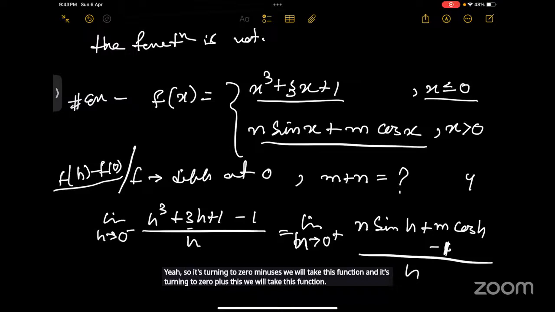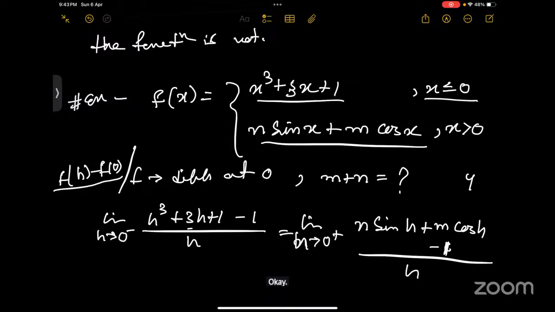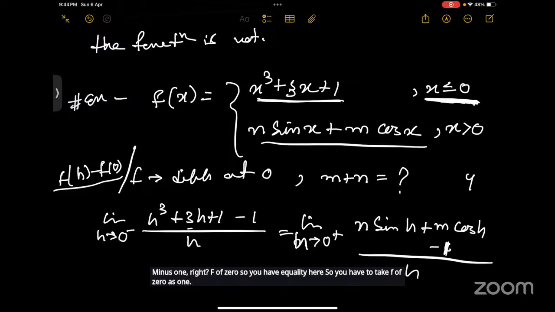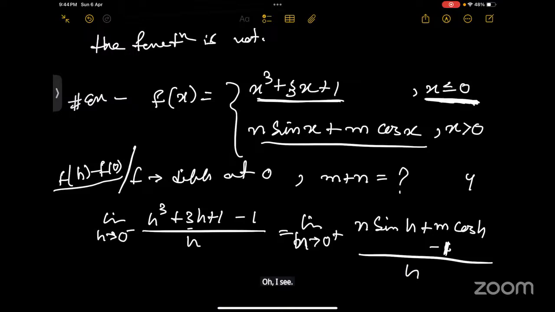In the right hand expression, you will have minus 1, right? F of 0, because you have equality here. So you have to take f of 0 as 1. Oh, I see, sir. Okay.